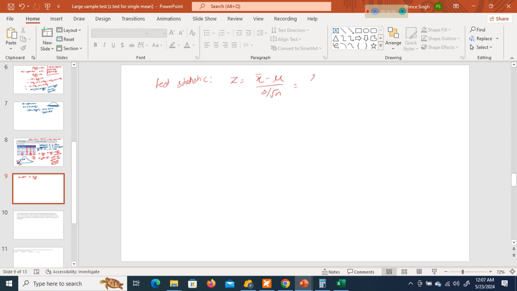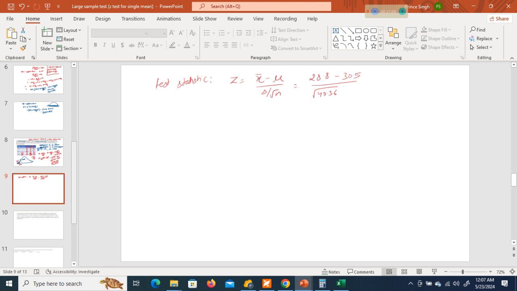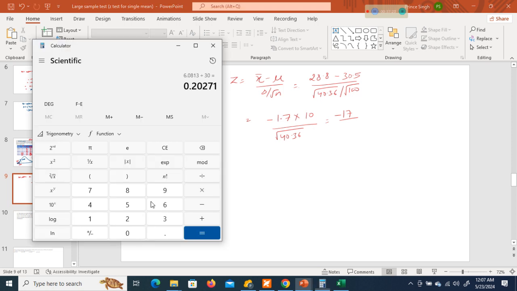X bar we have calculated 28.8, mu is 30.5, s is square root of 40.36, and n is 100, so divided by square root of 100. So this is equal to minus 1.7 multiplied by 10, because square root of 100 is 10, divided by square root of 40.36.